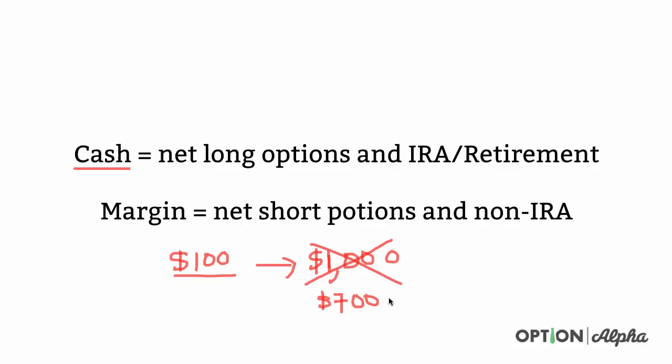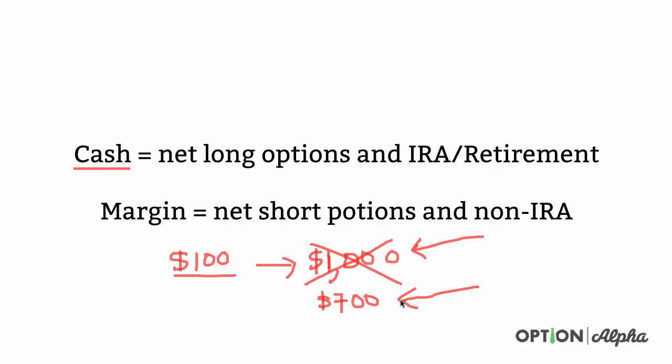But don't get confused here, because if the trade starts to go against you, you still can lose the maximum amount for that particular trade. I'll show you later on in video tutorials how we figure out what that amount is, but you can still lose that maximum amount. So don't assume that what the broker carries, the initial margin requirement, is going to cover all of your risk in the trade. Okay, now this is again mostly with net short option positions, not net long option positions.